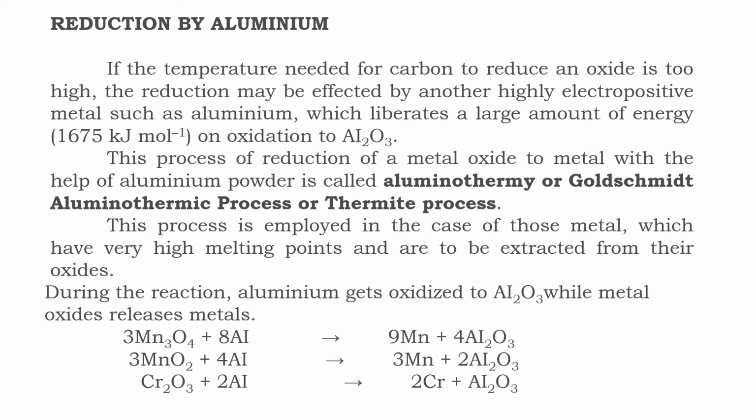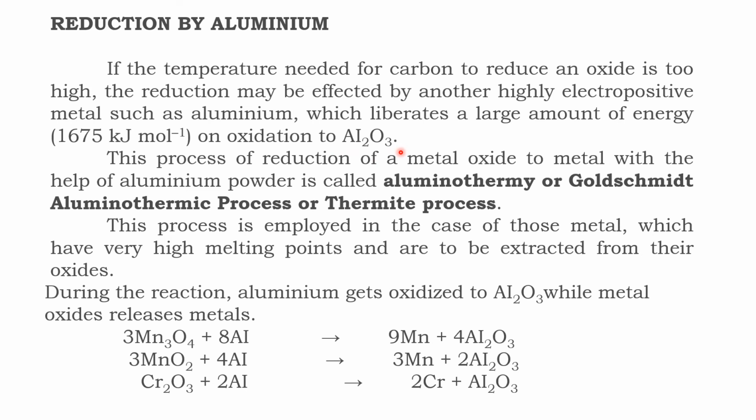Another material used for the reduction process is aluminium. If the temperature needed for carbon to reduce an oxide is too high, the reduction could be carried out by a highly electropositive metal such as aluminium, which liberates a large amount of energy, and the corresponding aluminium oxide will be formed.